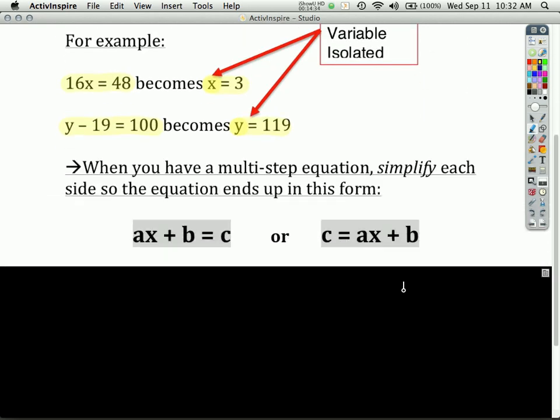When you have a multi-step equation, we simplify. This is the key to understanding. We simplify each side so that the equation ends up in one of these forms. A, B, and C represent numbers. We either want it to be ax plus b equals c, or c equals ax plus b.